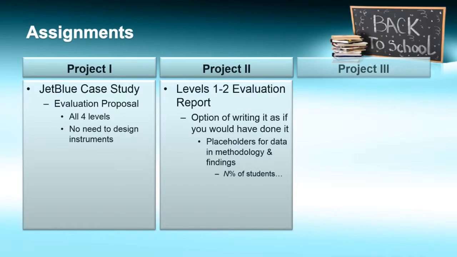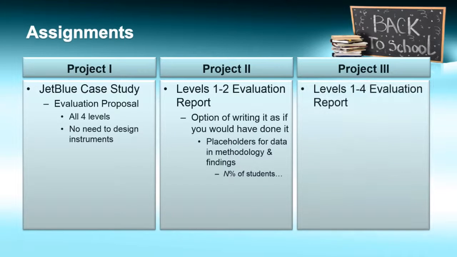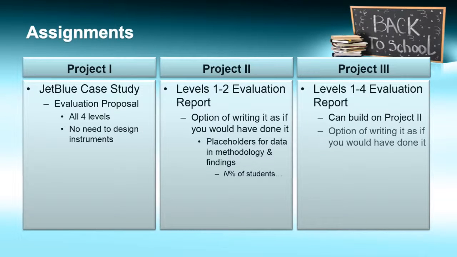And then there's project three, same thing, except that we're going to do a levels 1 through 4 evaluation report. Again, you can build on project two. So since you did already levels 1 and 2 evaluation, you can just use the same project, the same situation, and just complete the levels 3 and 4 evaluation for it. So it's same situation. You can write it as if you would have done it.